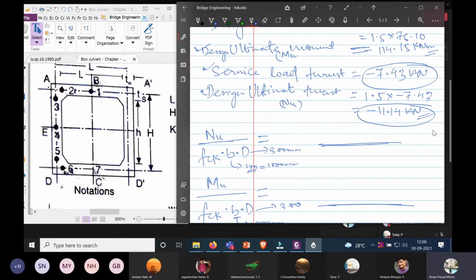Srikar Naik: Sir, minus 1 into 10 to the power of minus 6.